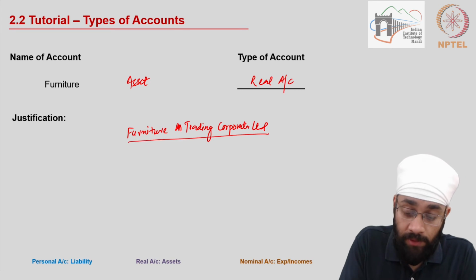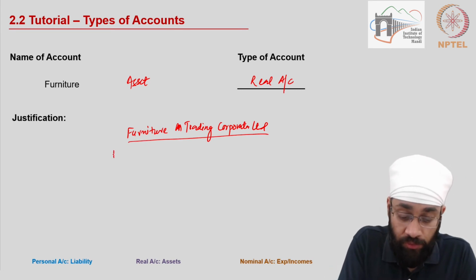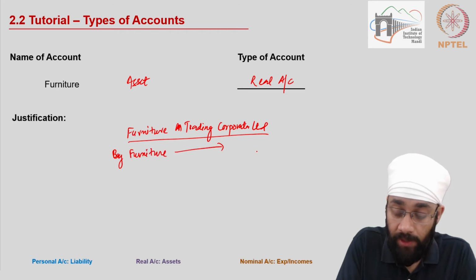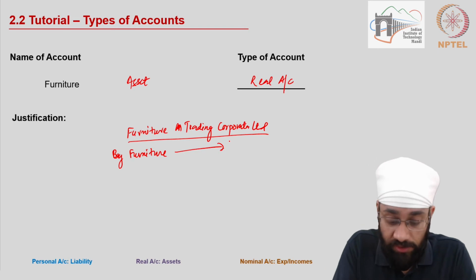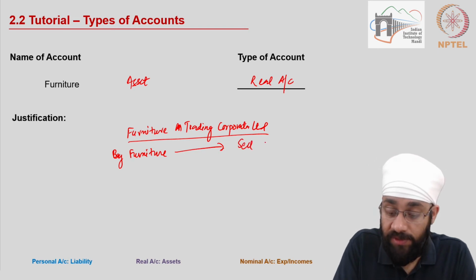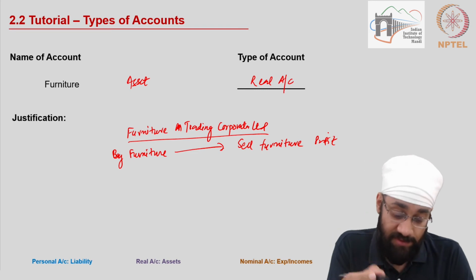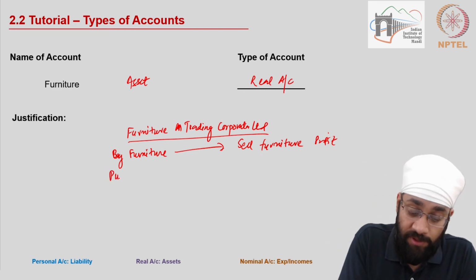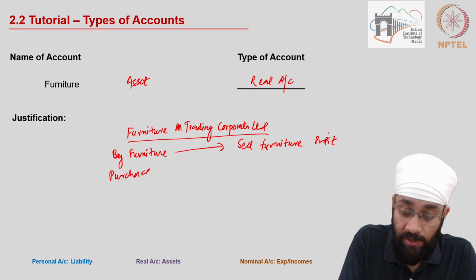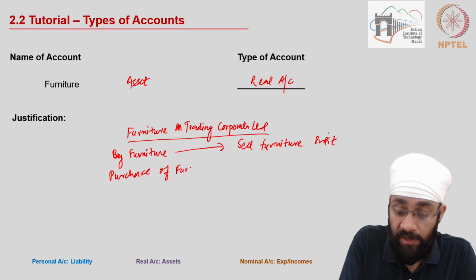Your job or your business is to buy the furniture, and then you have your cost and you add some profit, and then you sell the furniture and you make a profit on it. All right. If this was your business, then purchase of furniture is going to be treated differently.